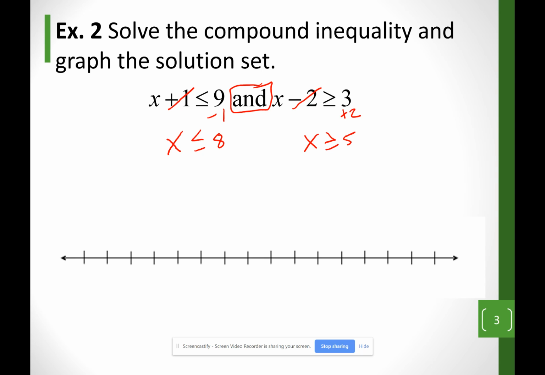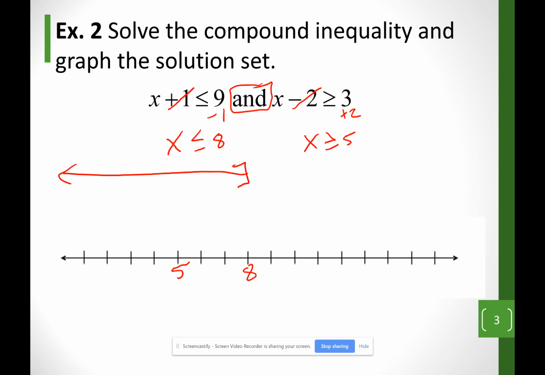Let me label my graph as I need to. Let me call this 5. Let me call this 8. I'm labeling it as I need to; if it was already labeled, that would be better. Looking at the first inequality, it looks like a bracket at 8 and it goes towards the left.